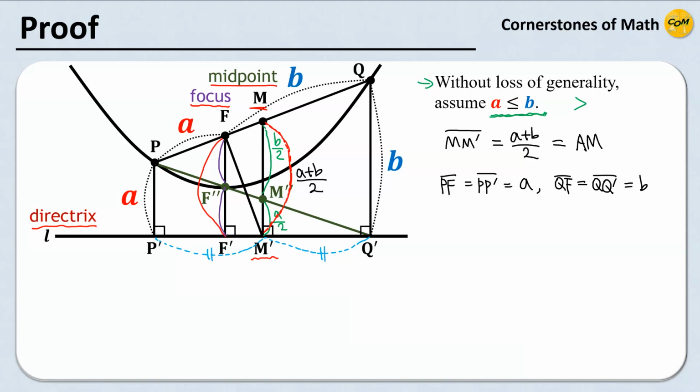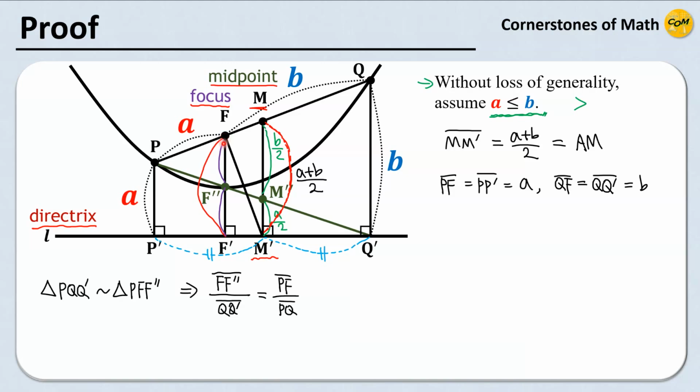And these lengths can be obtained from simple similarities between triangles. First, from the similarity between triangles PQQ' and PFF'', that is, this triangle and this triangle, the ratio between FF'' and QQ' is equal to the ratio between PF and PQ.